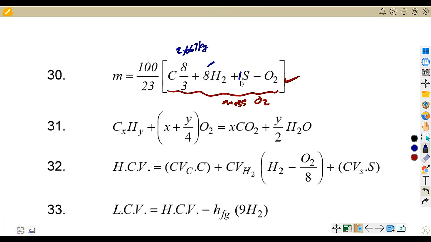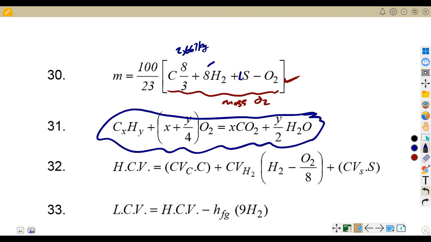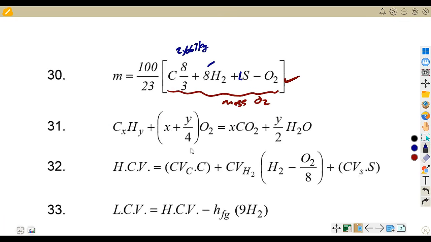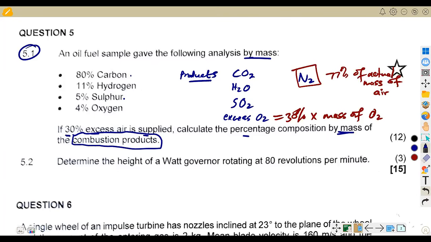Here there's 1 kg of oxygen that you need per kg of sulfur. So you have to understand your formula. The other one you use if you are dealing with hydrocarbons. When you're given a hydrocarbon, that is the best formula to use. I explained those two formulas separately, so make sure that you watch that video so that you understand these calculations.